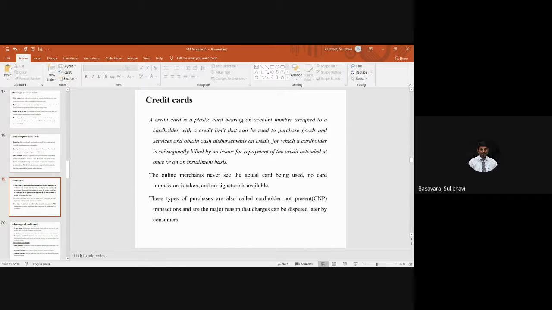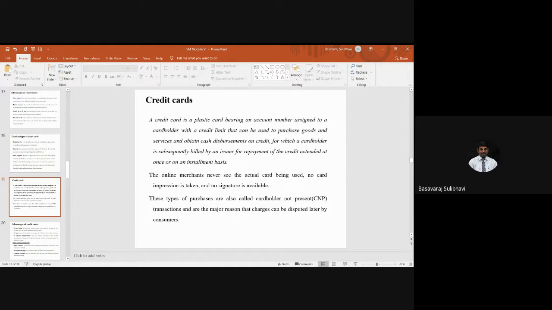When we talk about credit cards, we find these cards in the form of plastic, which will have an account number on that particular card, and sometimes they are assigned to certain card holders.